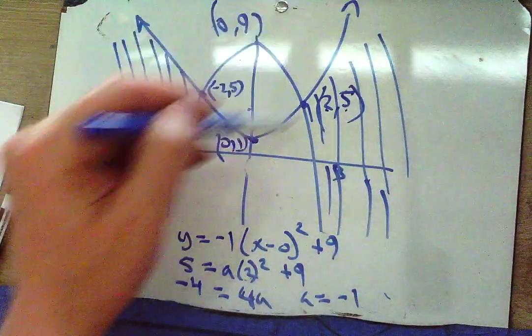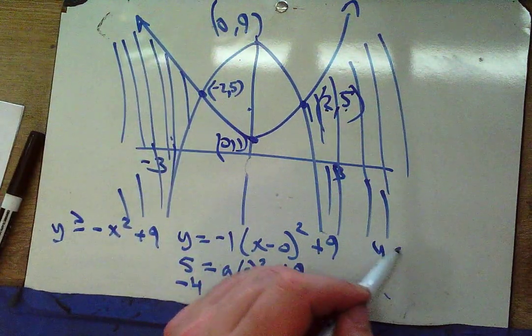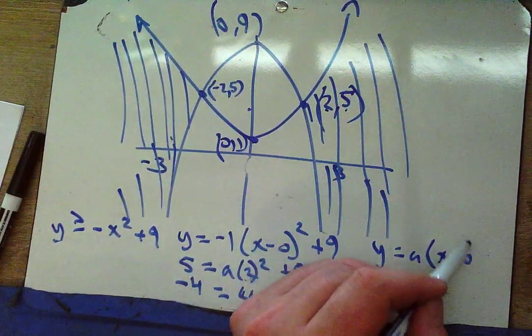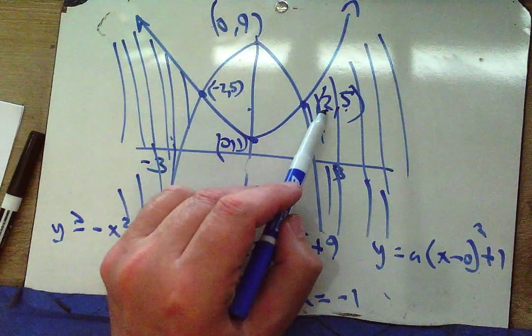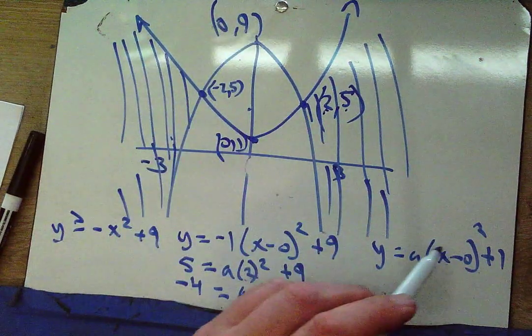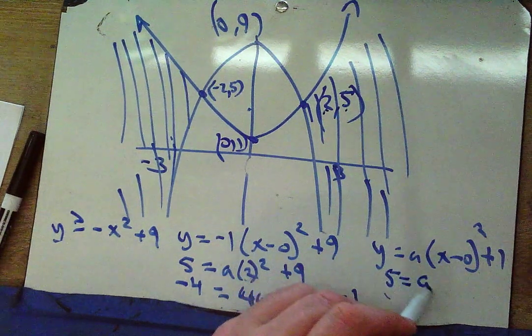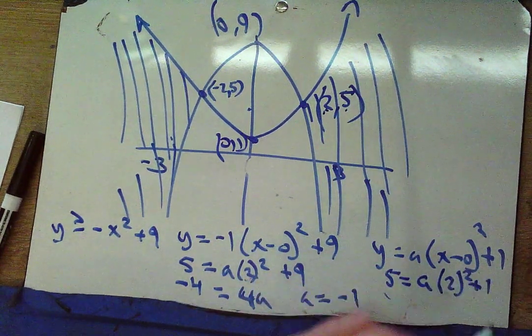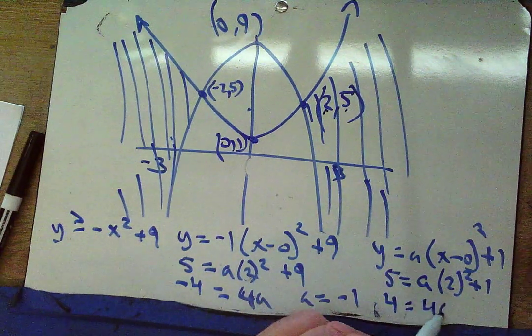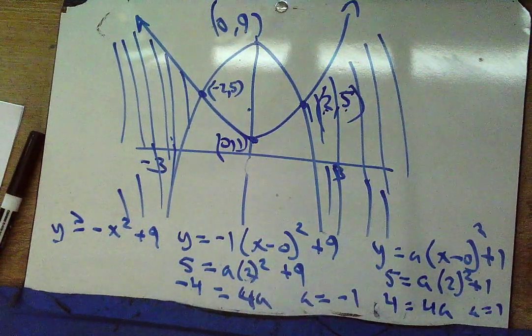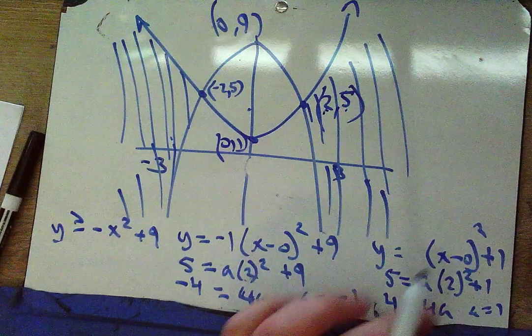Our up-pointing parabola. Well, that's y equals a, x minus 0 squared plus 1. If we plug in that second point, we get 5 equals a, 2 squared plus 1. We get 4 equals 4a, or a equals 1. So that's a 1.